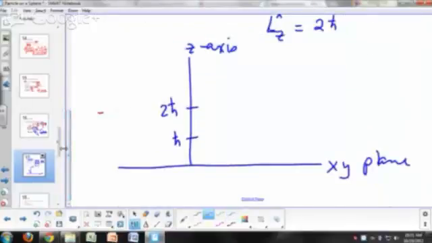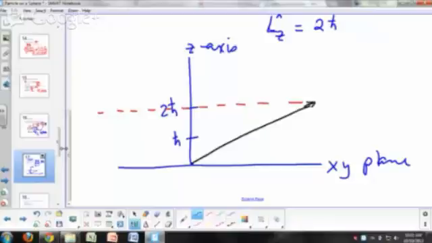And its component along the z-axis. If you drop a perpendicular line from the tip of the arrow to the z-axis, remember we represent vectors by arrows, you're going to hit 2 h bar. The magnitude of your vector would be the length of the arrow, so the length of this arrow is going to be square root of 6 h bar.